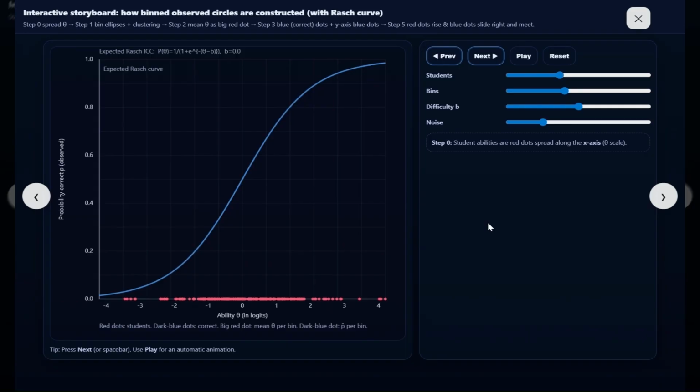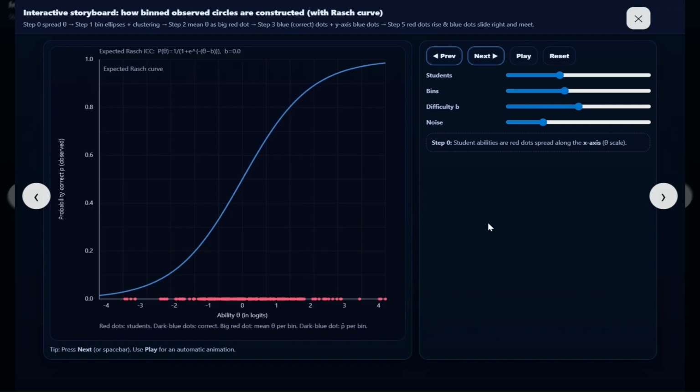These vectors are the nearest probable values that a Rasch curve can be to this set of data. And this is what we call the expected Rasch model or the expected Rasch curve. This is the nearest one among all Rasch curves. It's the nearest one to that set of data.